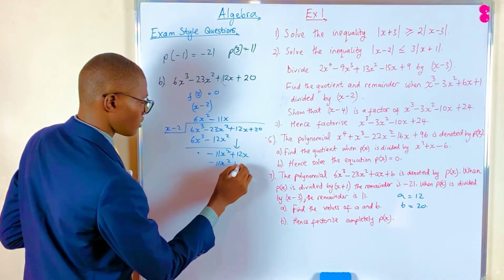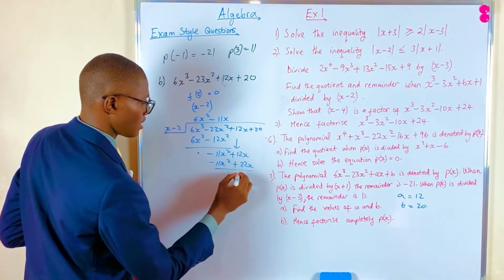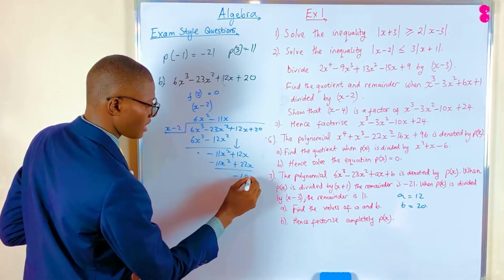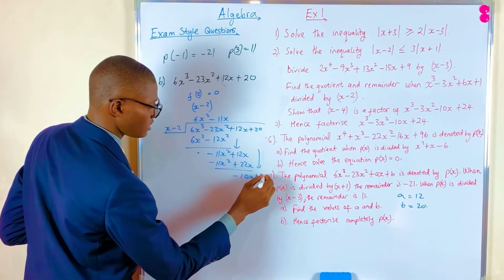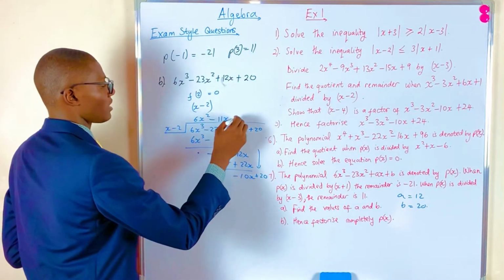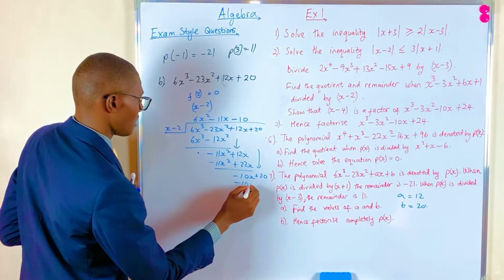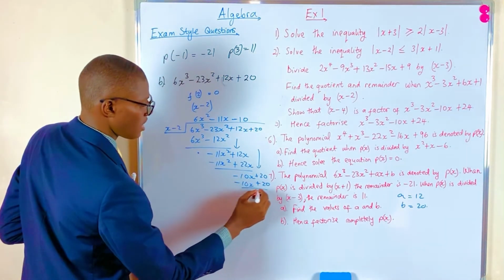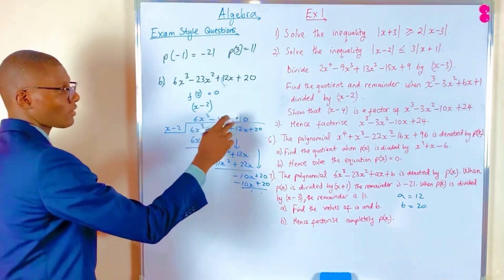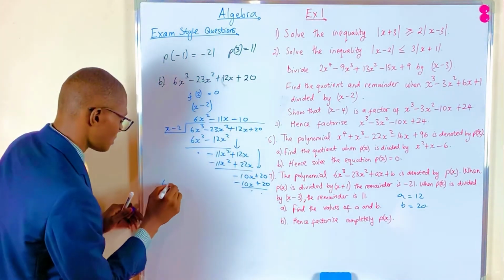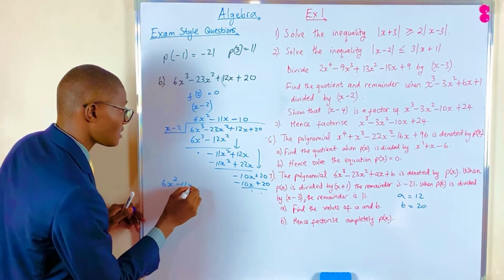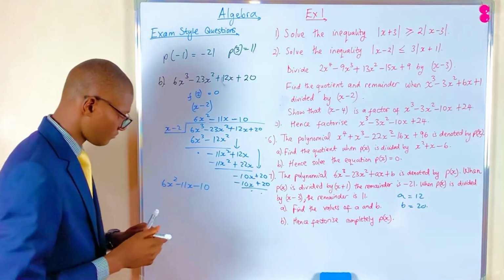Minus 11x squared plus 22x, and then there's minus 10x, then we drop the plus 20, and we've got minus 10x plus 20, then we get 0 there.